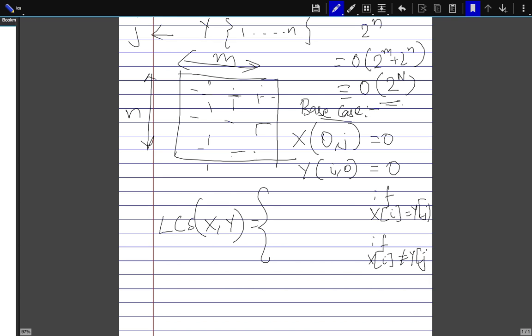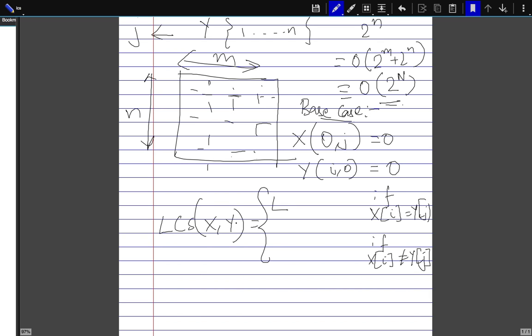Now we said that we want to reduce our problem space. So if we are reducing a problem space, we are actually trying to do a bottom-up approach. So if we do find a match, we say, okay, we found a match, well done, pat on the back, and then we go to a smaller problem space and we try and figure out whether we can continue finding matches there.